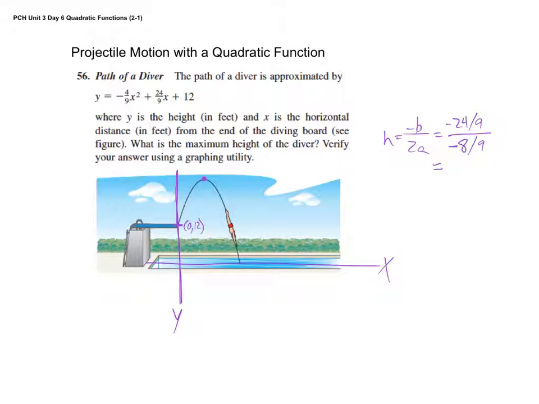3. So guess what? It's going to occur when we are 3 feet away from the end of the diving board horizontally. That's where it's going to occur. Now we just need to know how high. What do you get if you plug in 3?